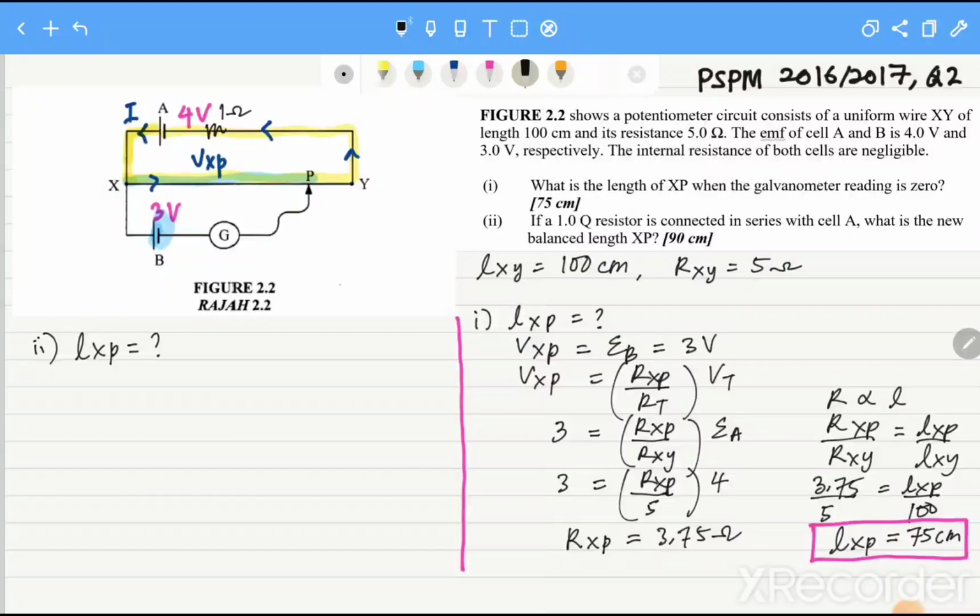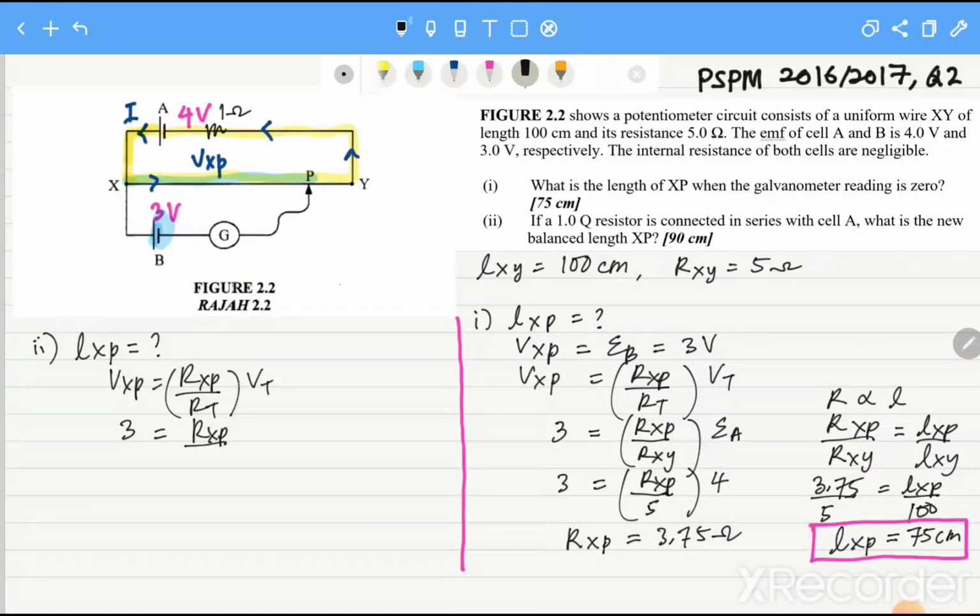So in order to get LXP, we are going to use the same method. We use the potential divider equation: VXP equals to RXP over R total times V total. VXP is balanced by 3 volt. RXP, referring to the yellow circuit, is the new RXP.